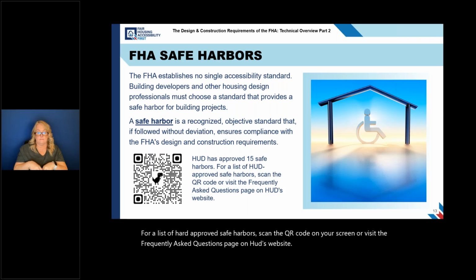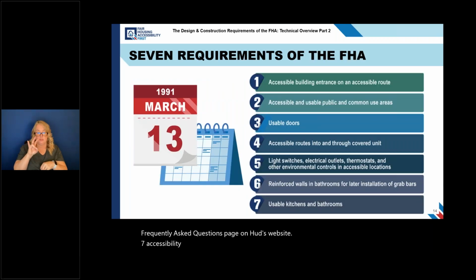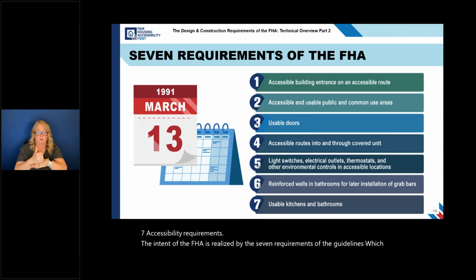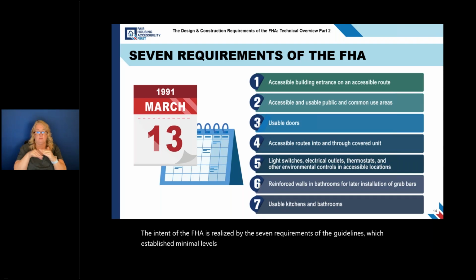Seven accessibility requirements. The intent of the FHA is realized by the 7 requirements of the guidelines, which establish minimal levels of accessibility.